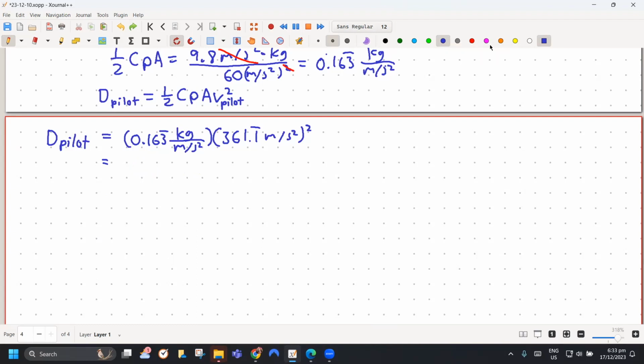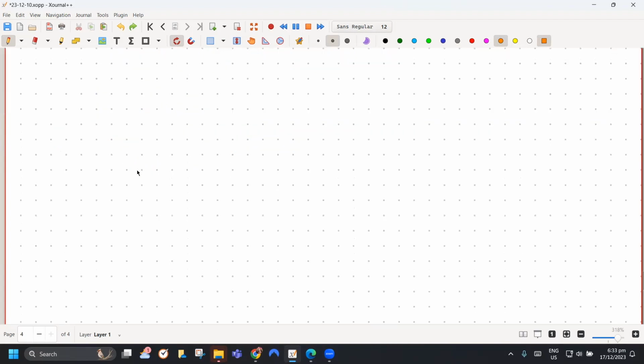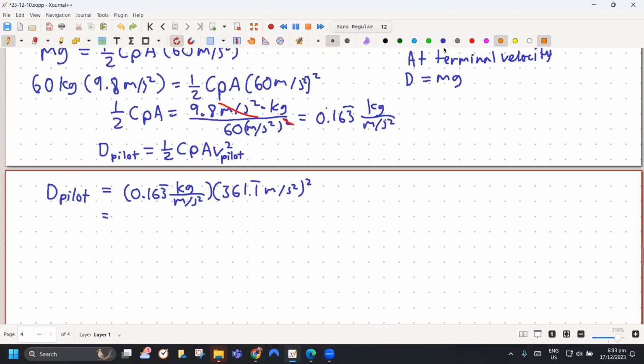So that gives 21298, so about 21,300 newtons, or 2.1 times 10 to the, wait, fourth or fifth?